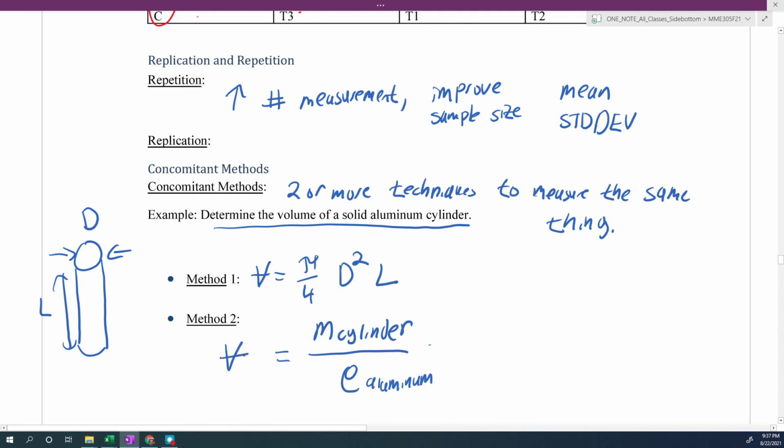So both of these methods are correct, but by doing both of these measurements, you're verifying that the volume that you calculate with one method agrees with the other method. And there are many instances in engineering where you'd want to use those concomitant methods to ensure that you're getting accurate results.